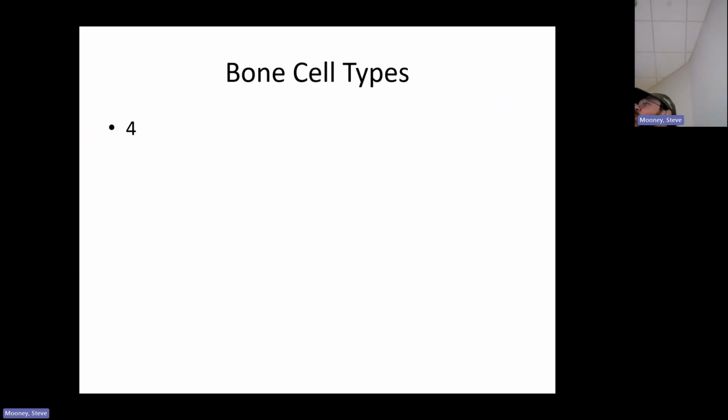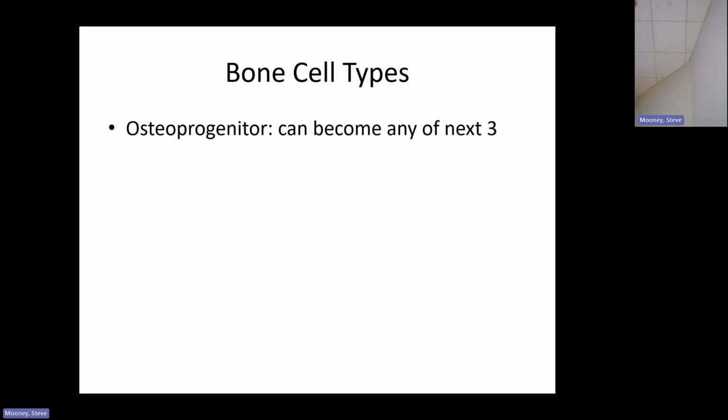So bone types, we mentioned the 4. So we'll start with the osteoprogenitor. There's a couple other names you'll see in the books and some of the diagrams coming up, but it's a bone stem cell. Does everybody know what that means? Does everybody know what a stem cell is? All that controversy in the news and stuff, whether we should use them, whether we shouldn't use them.